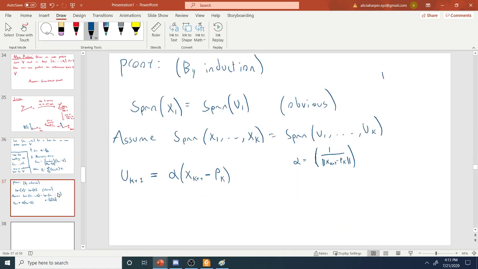So I'm going to note up here that pk lies in the span of u1 through uk. So this in fact shows that xk plus 1 is an element of the span of u1 through uk plus 1.